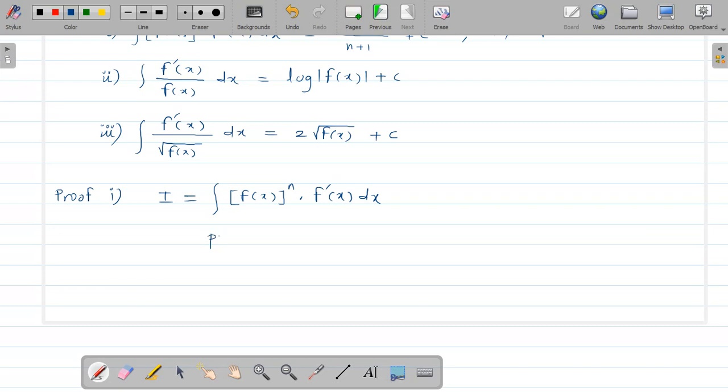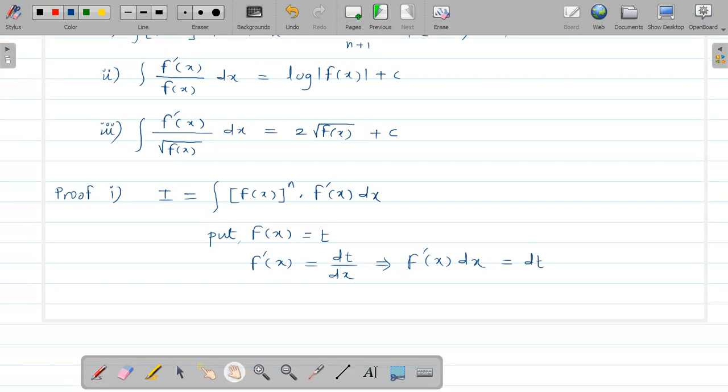Here, if I put f of x equal to t, then take the derivative with respect to x. The derivative of f of x gives f dash x equal to dt upon dx, or you can write directly that f dash x dx can be replaced as dt.